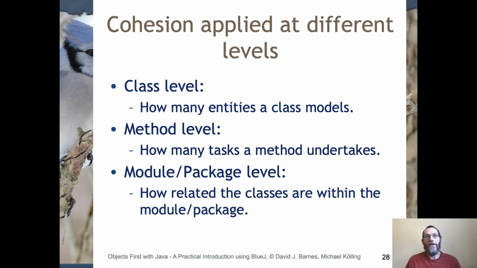And when we look at the classes within a module or a package, we look at how interrelated they are. Are these classes all related, essentially supporting the same set of tasks, or are they quite diverse? And what we'll do is we'll look at examples of all of those unit levels and see where we have high cohesion, low cohesion.